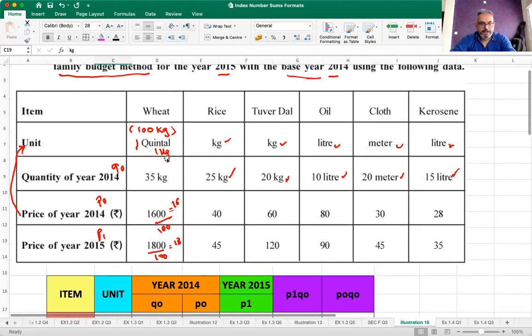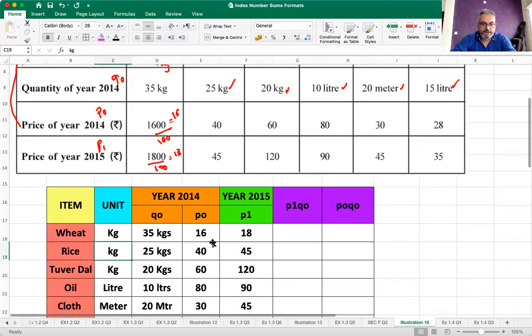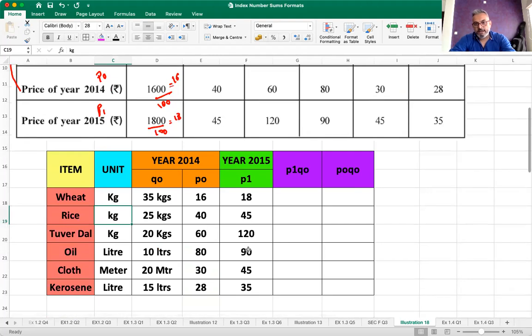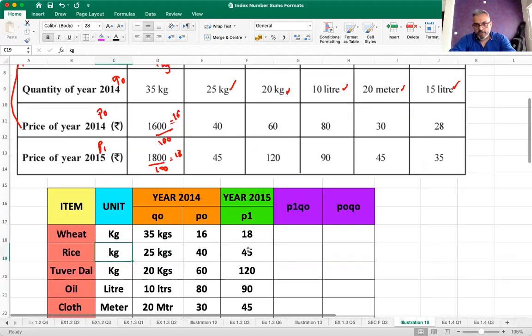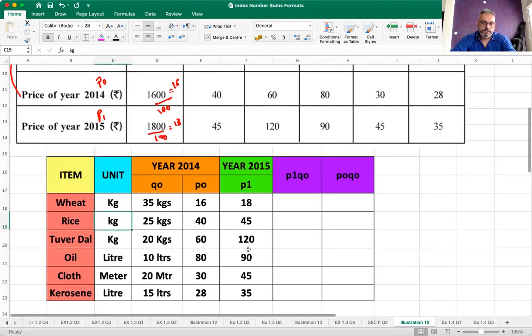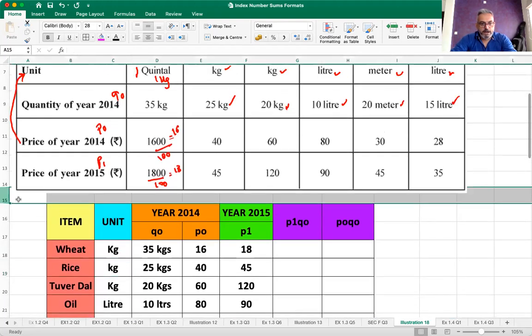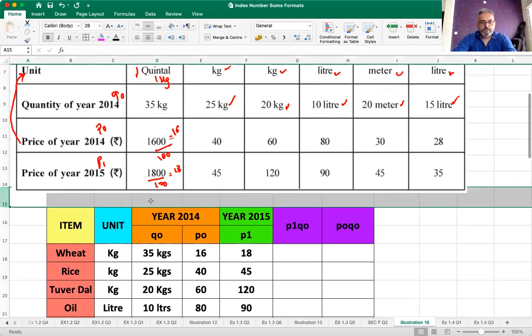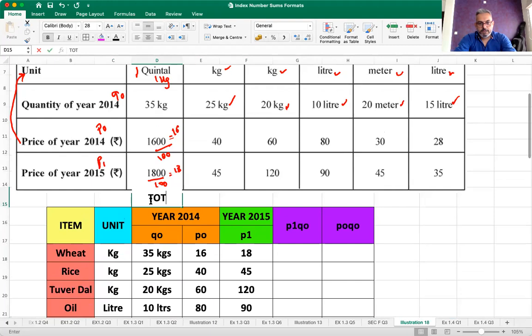Always cross verify. See the conversions once again. See the data once again. कुछ गलत तो नहीं हो गया है ना? Always check. Now, first we are going to do total expenditure method.